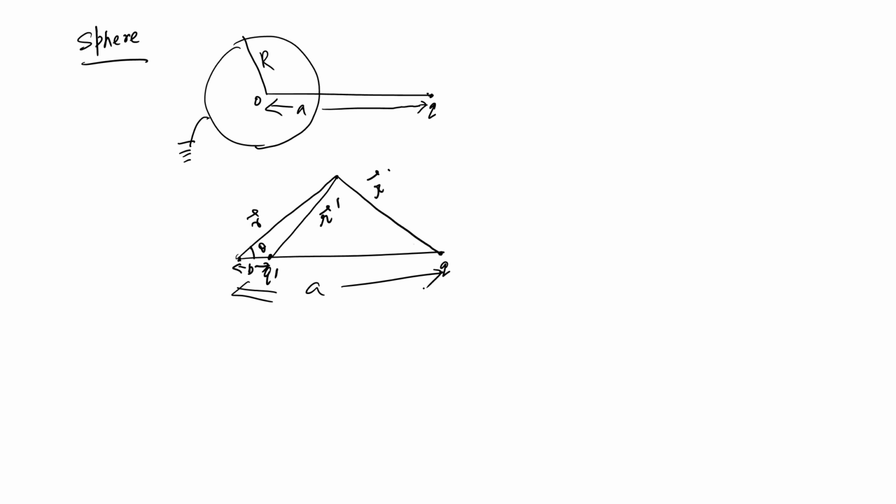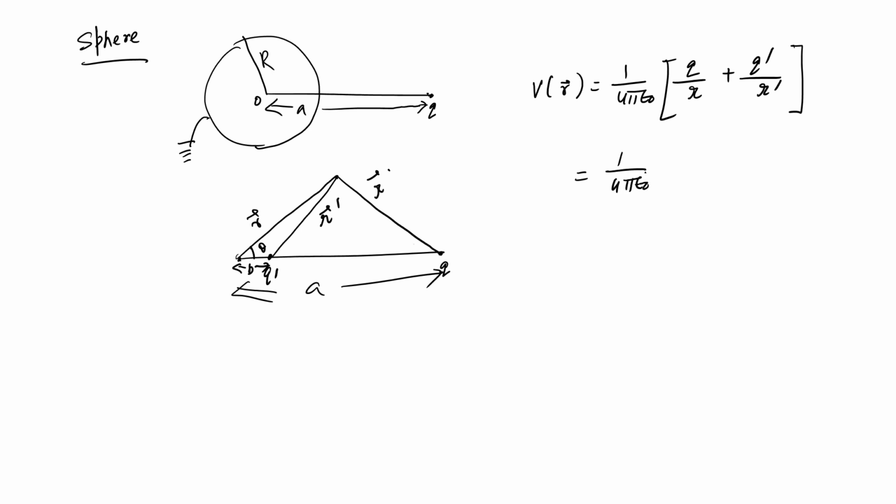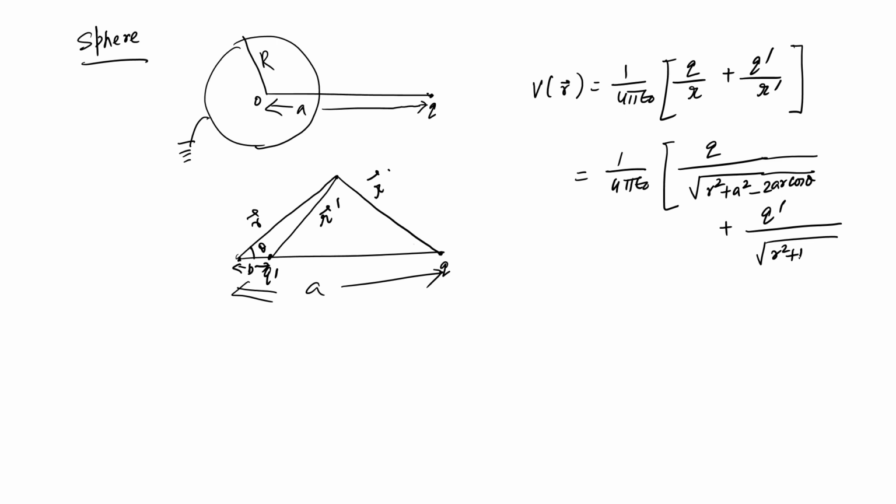And if you again write down V at some r, which is 1 by 4 pi epsilon 0, q over r plus q prime over r prime, then in this spherical polar coordinate system, this is 1 by 4 pi epsilon 0, q divided by root over of r square plus a square minus 2 a r cosine theta, plus q prime divided by root over of r square plus b square, the distance b being a small distance, minus 2 b r cosine theta.